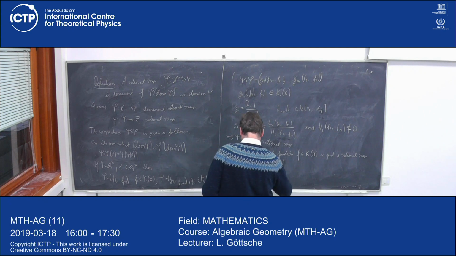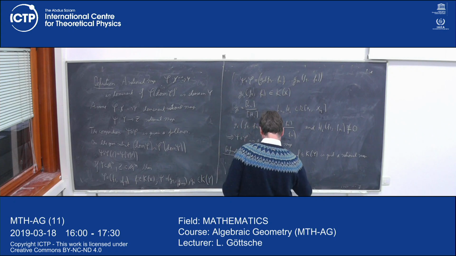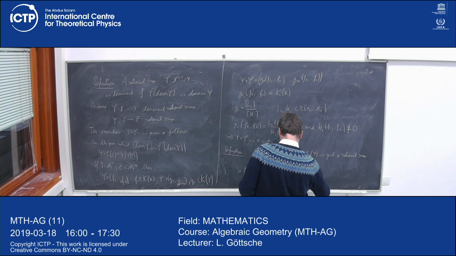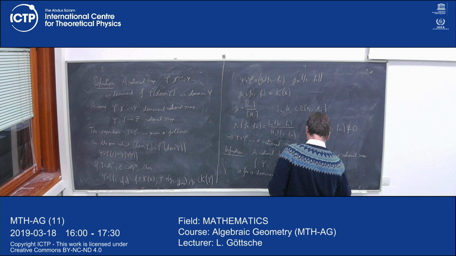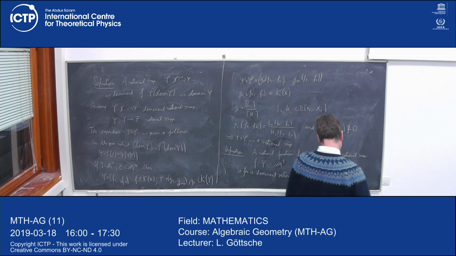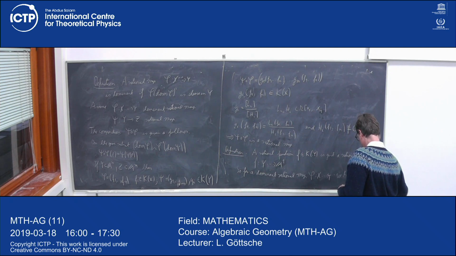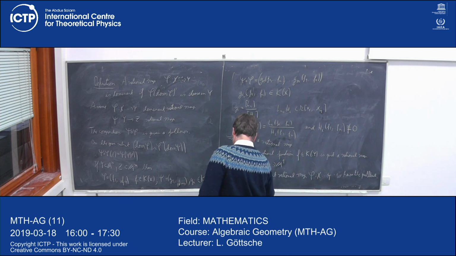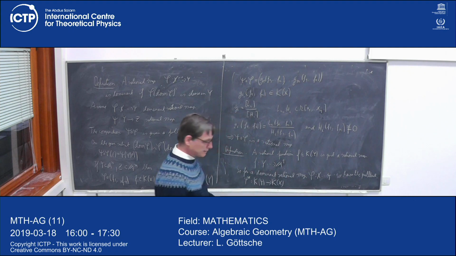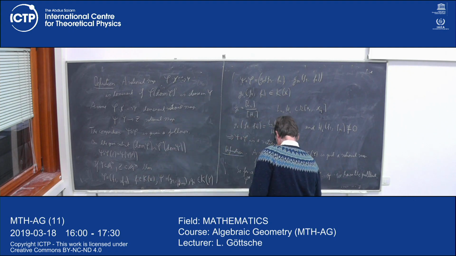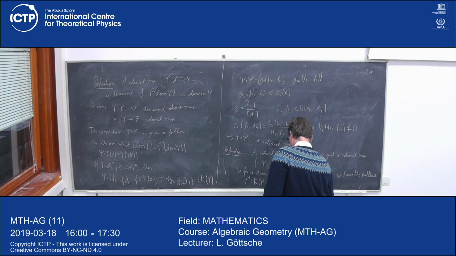For a dominant rational map phi from x to y, we have the pullback phi star from k(y) to k(x), where pullback just means composition with phi, so f is sent to f composed with phi.